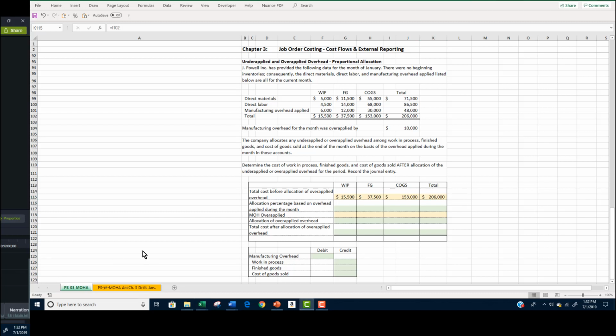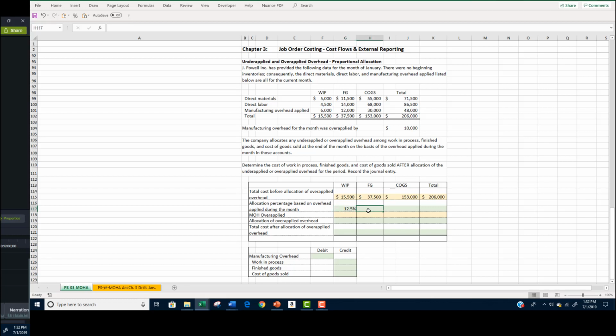Next, we need to determine the allocation percentage for each account by dividing the manufacturing overhead applied for each account by the total applied of $48,000. The allocation percentage for work in process is $6,000 divided by $48,000, or 12.5%.